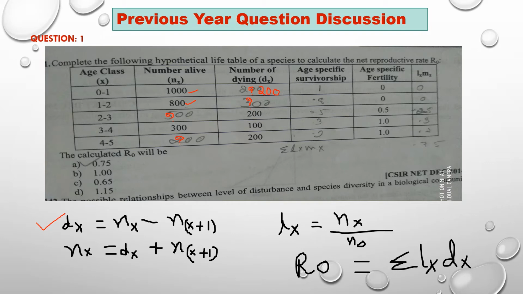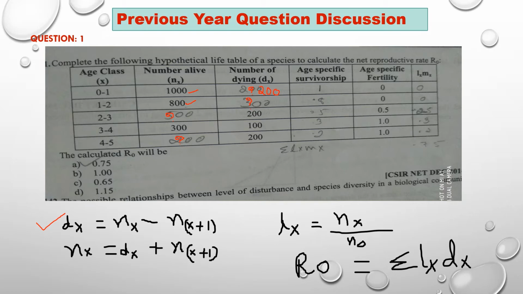In 1 to 2, Nx is 800, Dx we don't know, and in 2 to 3, Nx we don't know. So we can't find Dx. So we have to find Nx of 2 to 3 age class first. After that we can find Dx of 1 to 2 age class. How to find Nx of 2 to 3 age class? Here Dx of 2 to 3 age class is 200 and Nx of 3 to 4 age class is 300.